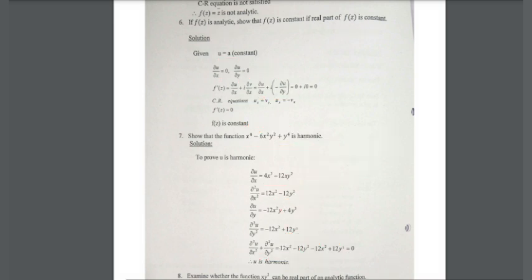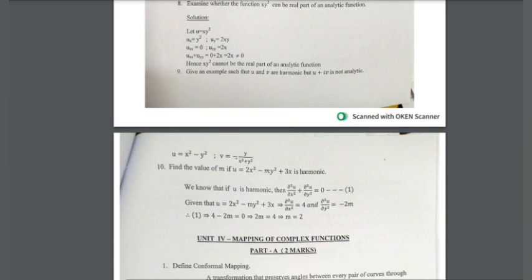Next we are moving to the next problem. Examine whether the function xy² can be the real part of an analytic function. So I am taking the given function as u, that is u equal to xy². To be the real part of an analytic function, it should satisfy the Cauchy-Riemann condition. First of all, differentiate u with respect to x, I get y².